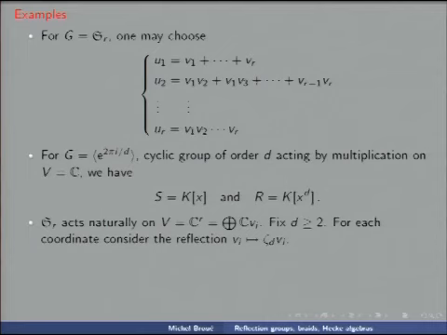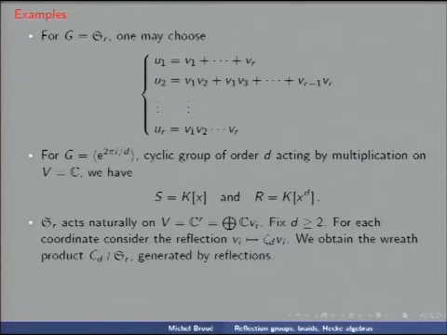Okay, so it's a reflection. And now consider the group generated by these reflections. We get the wreath product C_D wreath S_R. Yes, the wreath product, be frank, very frank. Who doesn't know what a wreath product is?